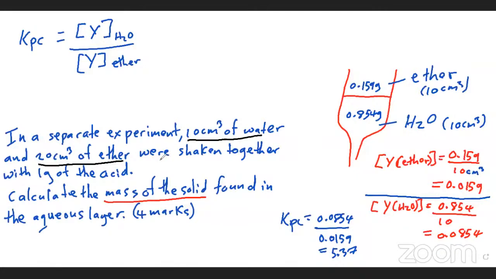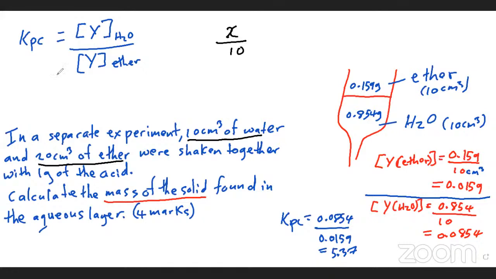So remember now we have KPC. For this calculation, we're going to use X to represent the mass of the solute in the water. The volume of water from the experiment is 10.